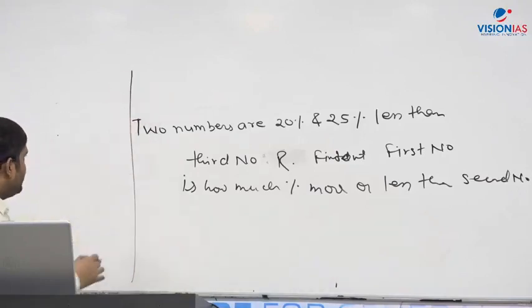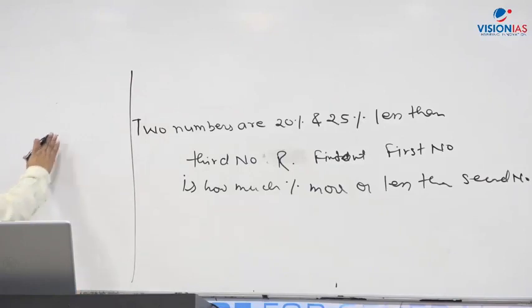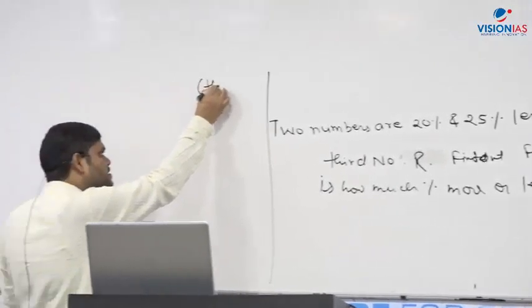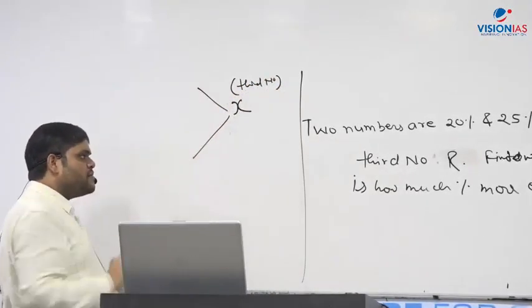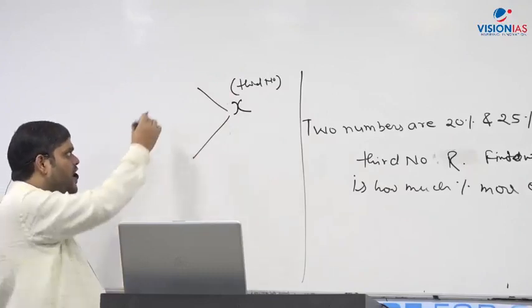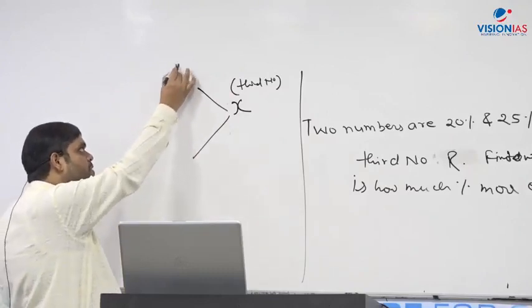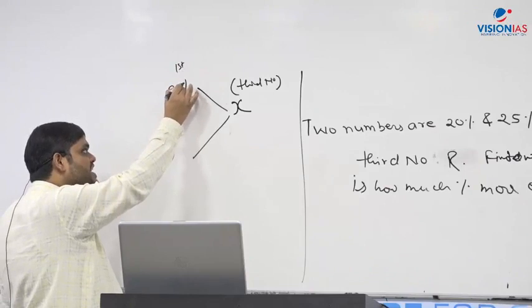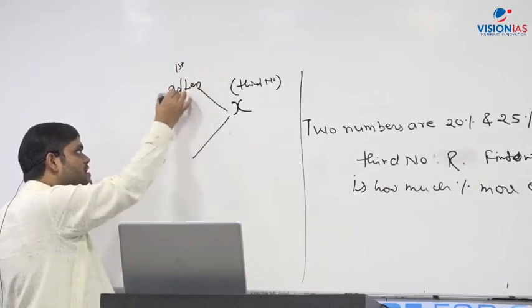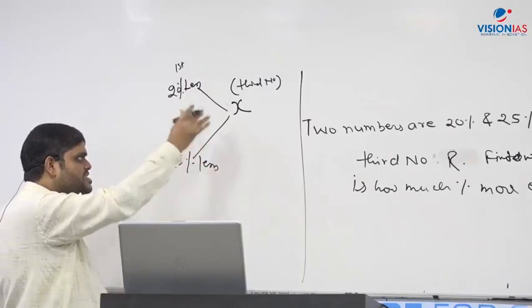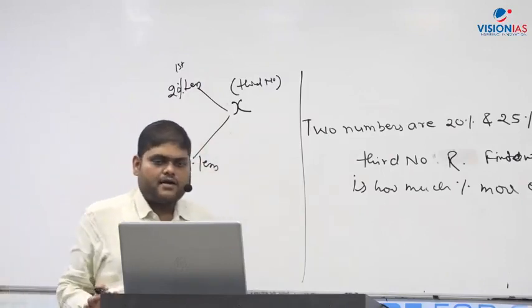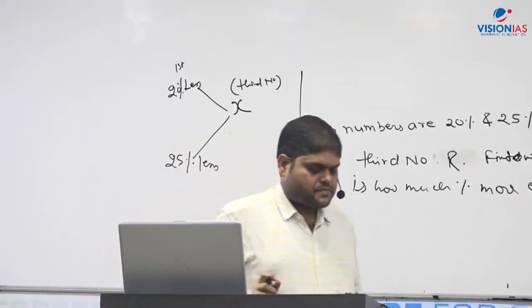Now if you see here, what is given? Suppose a number is X. Suppose this is the third number. Now two numbers are there. One number is 20% less, and the second number is 25% less than the third number. This is what we have.